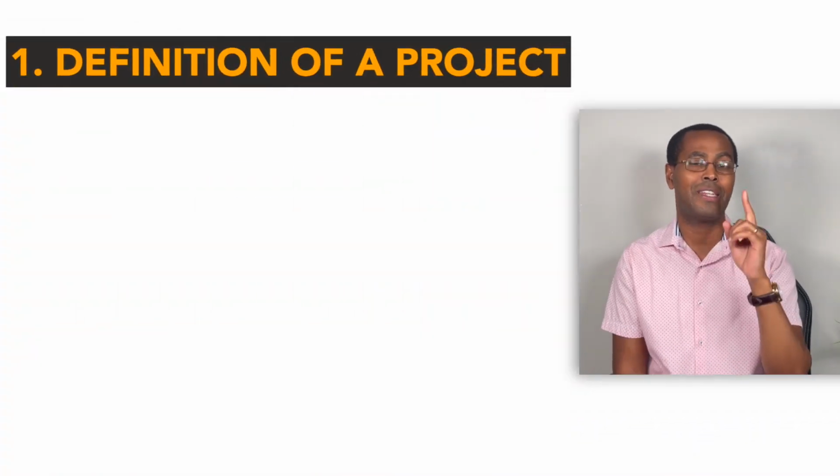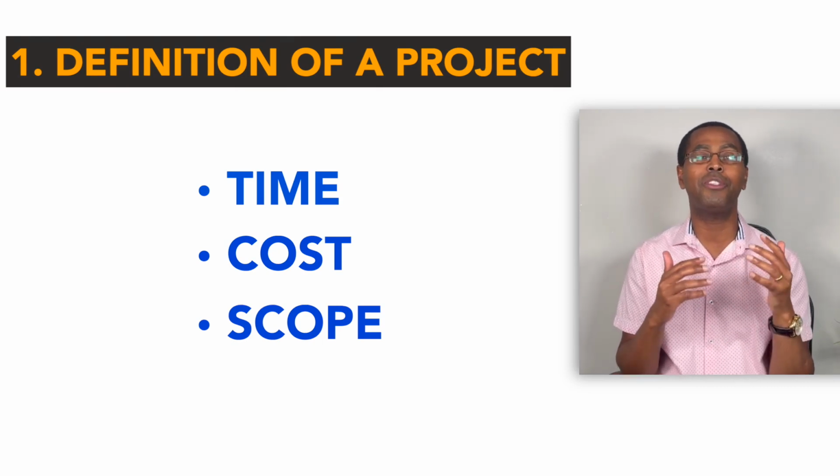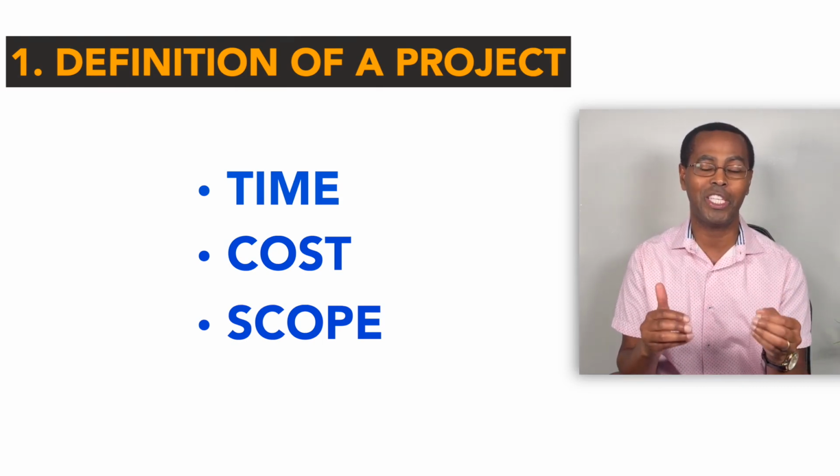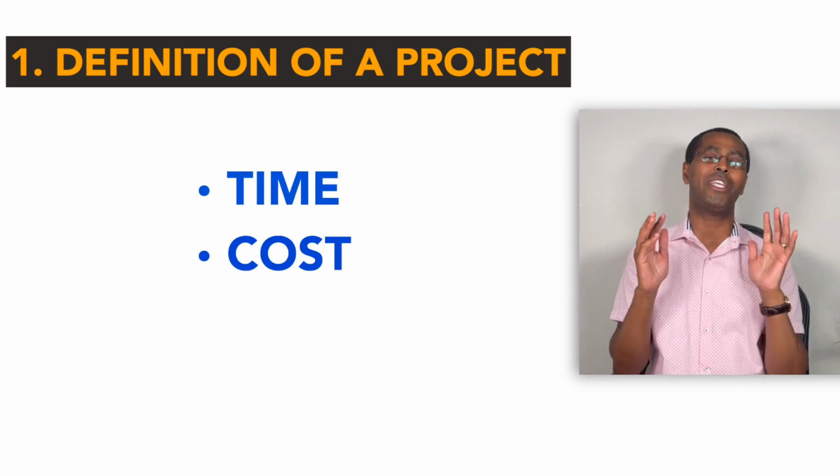So let me start by giving you the definition of a project in its simplest way. We'll be looking at 3 things to define a project: time, cost, and scope. I will repeat those 3 concepts over and over again: time, cost, and scope.